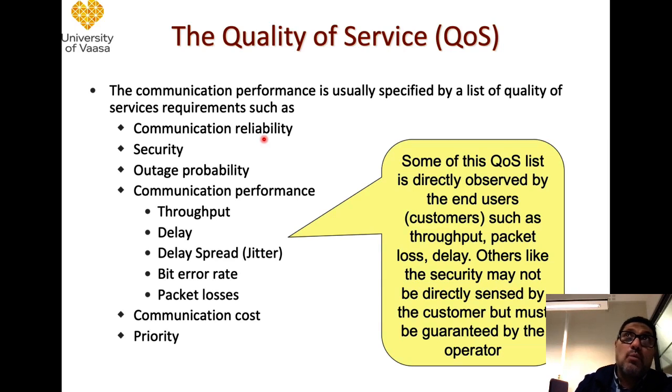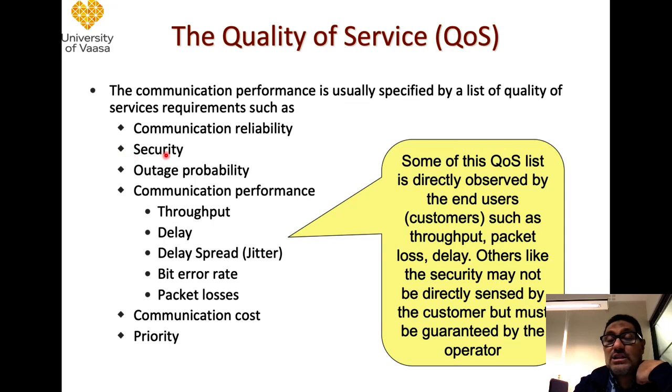One meaning of reliability is that in abnormal conditions, like storms or earthquakes, we will still have communication in the system or not. This is called communication reliability. Of course, we can always increase the reliability by increasing the redundancy in the network. Then we have security.